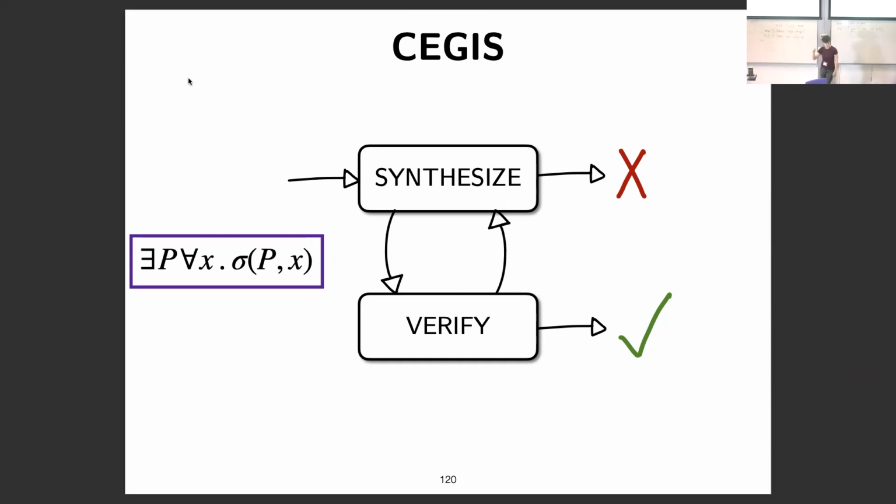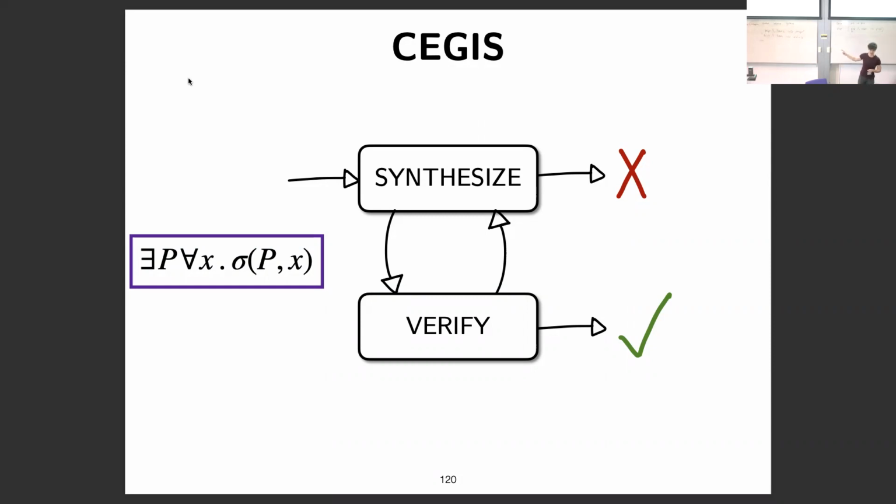This is counterexample guided inductive synthesis, which I have not written on any of the slides. Almost all solvers that do any kind of program synthesis that is guaranteed correct are doing CEGIS.